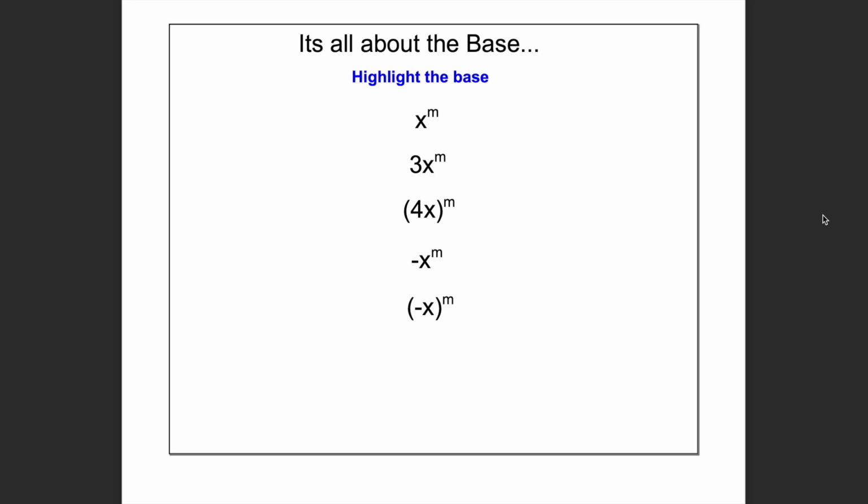So everything that's being raised to the exponent is the base, but you need to be careful because what's being raised is not always everything you see. It's everything that is next to the exponent. And that's it. So, got to be very careful.